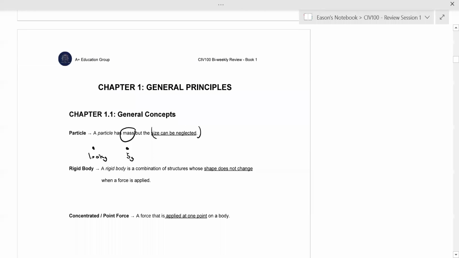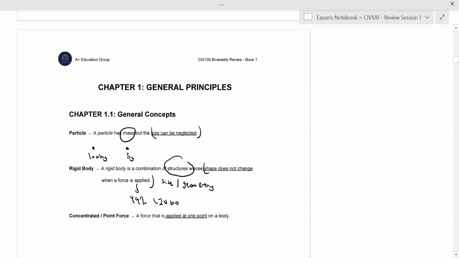But the difference is that when we come to rigid body, we have a structure. So a structure means that there is a geometry, there's the size, there's the shape of it that we have to think about when we go further into the course, and the shape does not change when a force is applied. And this applies to 99% of CIV100.